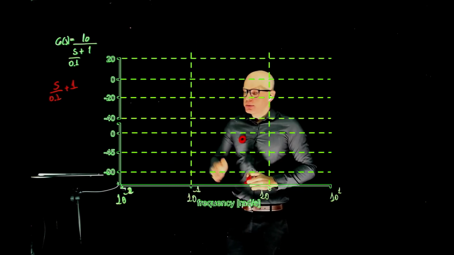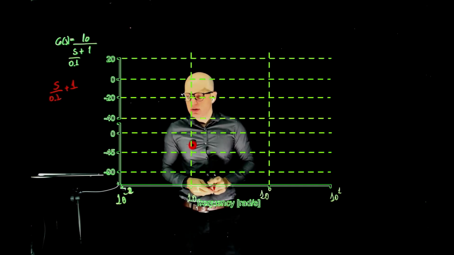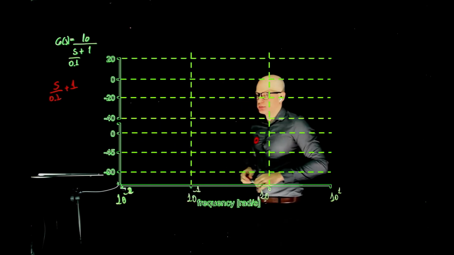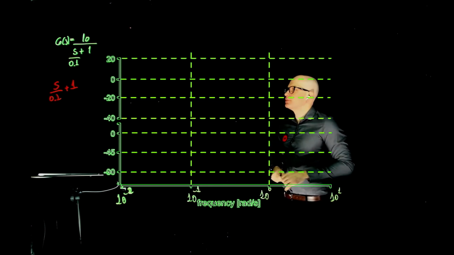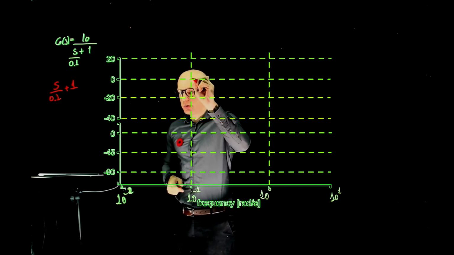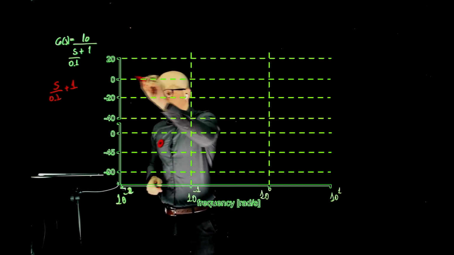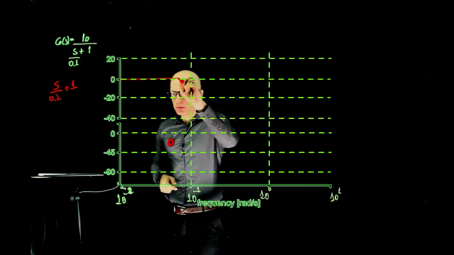Anything below the cutoff frequency, what is the magnitude? 0, exactly. So anything below the cutoff frequency is 0.